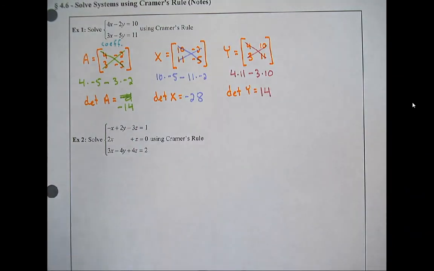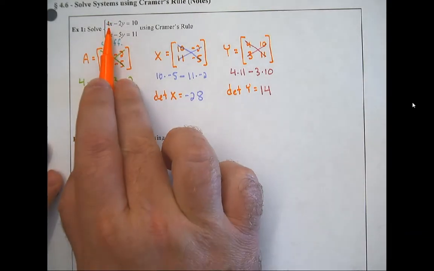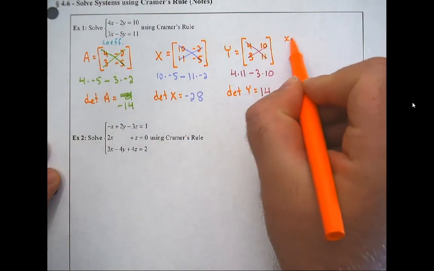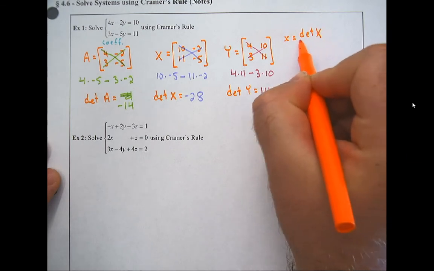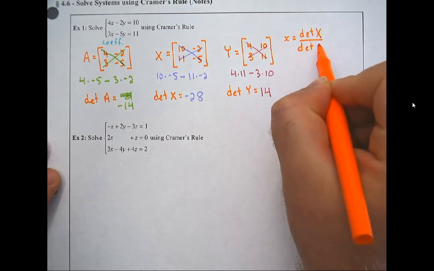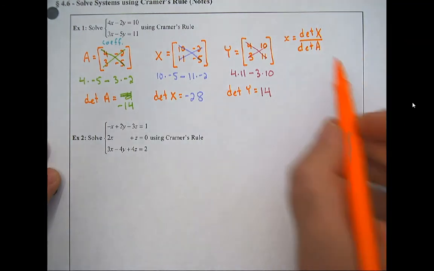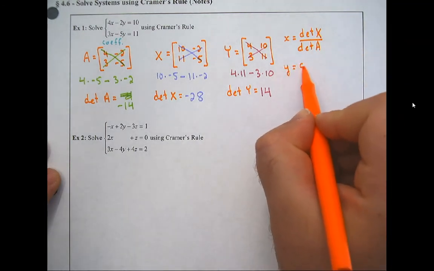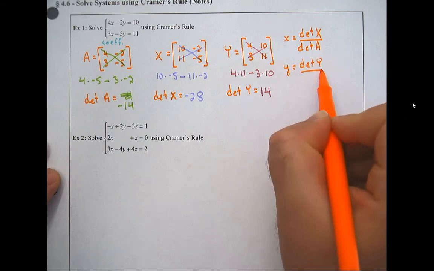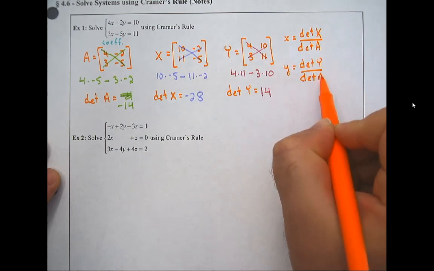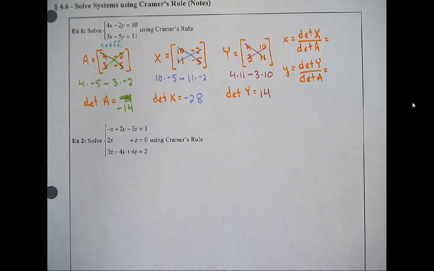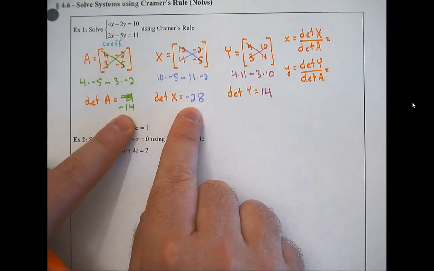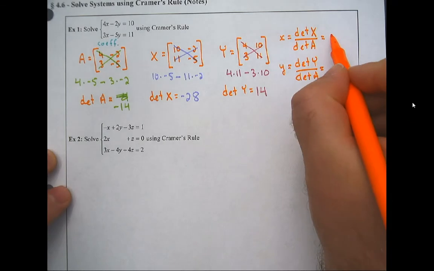So this is where Cramer's move came into play. He figured out that the little x, the variable x, could be calculated by taking the determinant of matrix X and dividing it by the determinant of matrix A. And he figured out that little y, the variable y, could be found by taking the determinant of Y and dividing by the determinant of A. If we take the determinant of X, negative 28, and divide it by negative 14, we would get a positive 2.